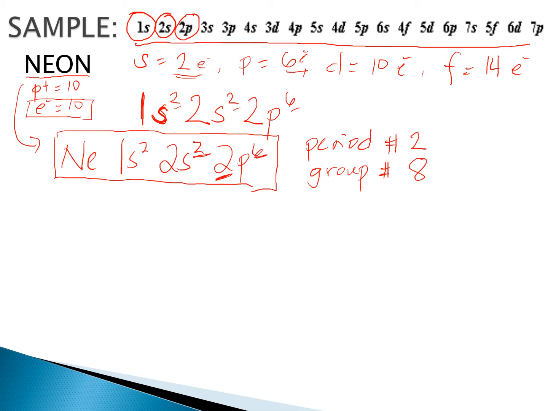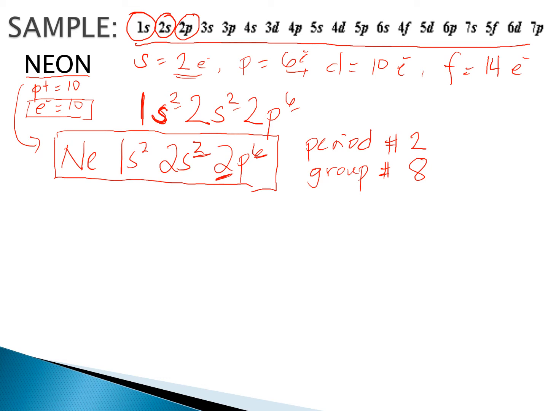Okay, so the group number of neon is 8. Take note, class, that this information or this technique only works for group A elements. And if you take a look at your periodic table, neon belongs to group A elements. Okay, so this is our electronic configuration.